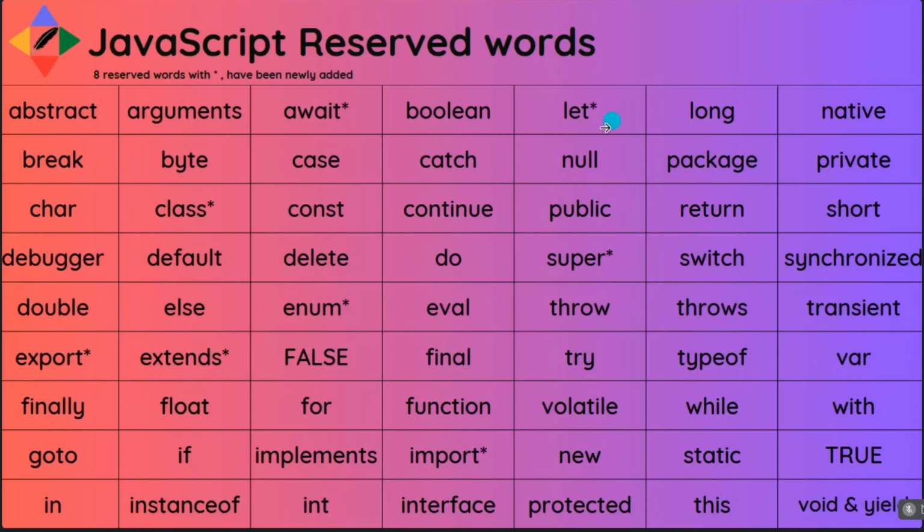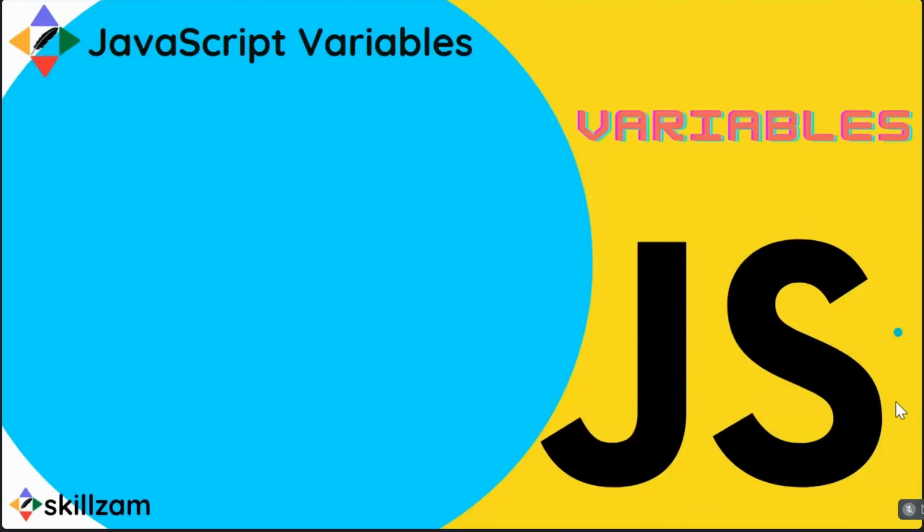So now let, const, and var, all three can be used to declare a variable. That is about the reserved words. Let's jump into JavaScript variables.